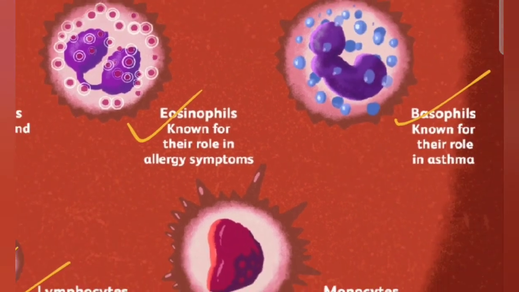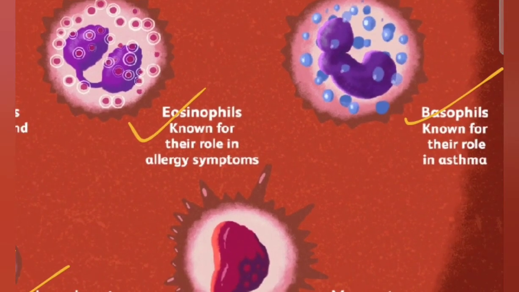And the second category of agranulocyte is monocyte. They are the largest of all the types of blood corpuscles, meaning larger than RBC and platelets, and among all WBCs also, monocytes are the largest. They contain a large bean-shaped nucleus and a significant amount of cytoplasm.